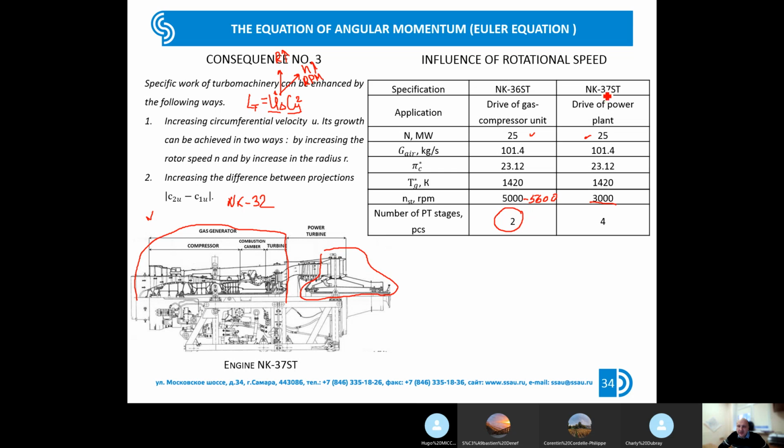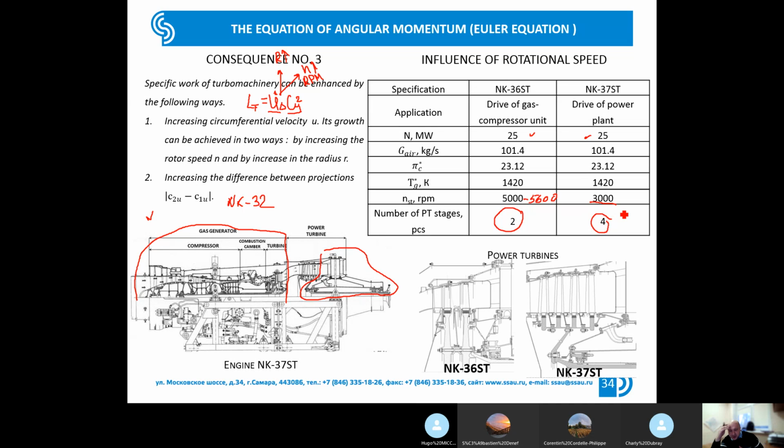In the case of NK37ST, we have lower rotational speed. It means that with the same sizes, it will be a lower stage specific work, and it means that the same power we receive using 4 stages. It's really a very interesting example, because from the position of thermodynamics, they are the same turbines.